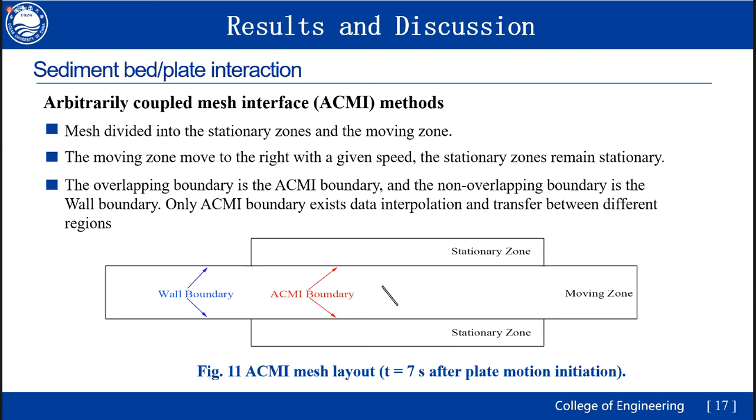The stationary zones remain stationary, and to ensure the accuracy of the modeling, the overlapping boundary is the ACMI boundary, and the non-overlapping boundary is the wall boundary. If this zone enters this tank, we get the ACMI boundary. Information exists and transfers between the regions only through this boundary.